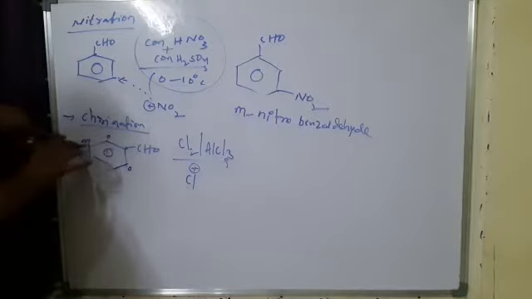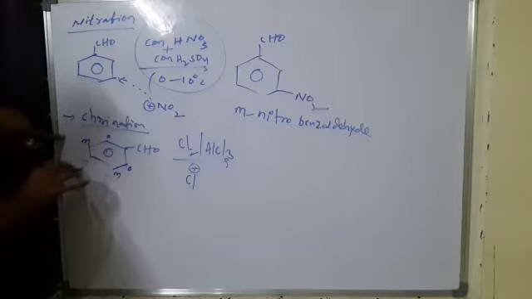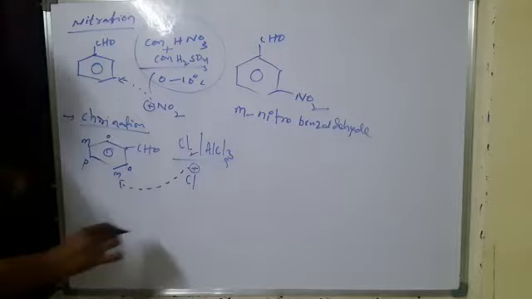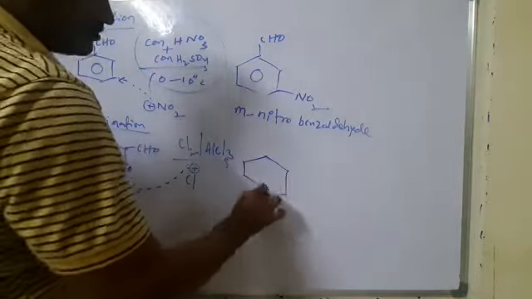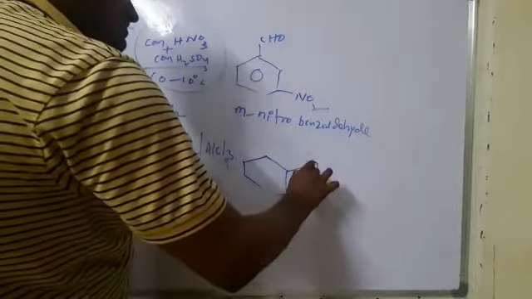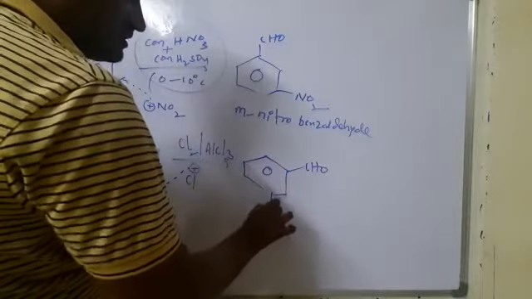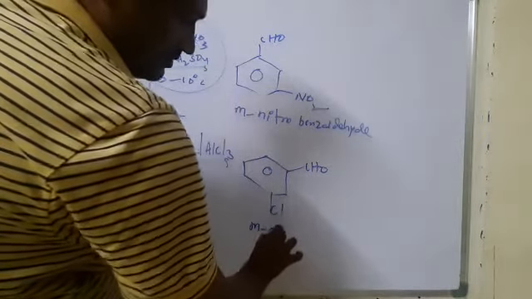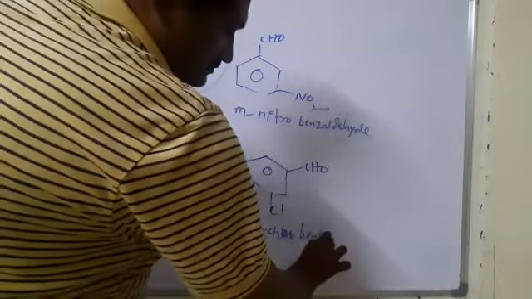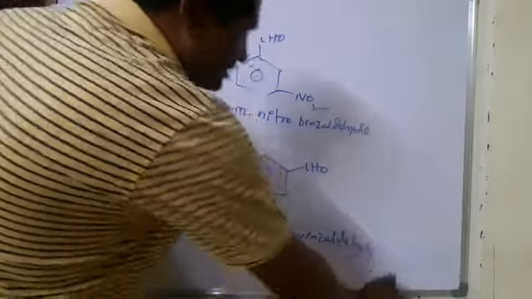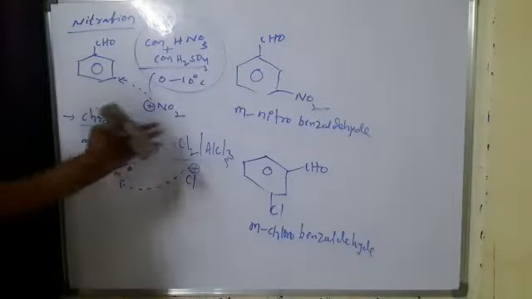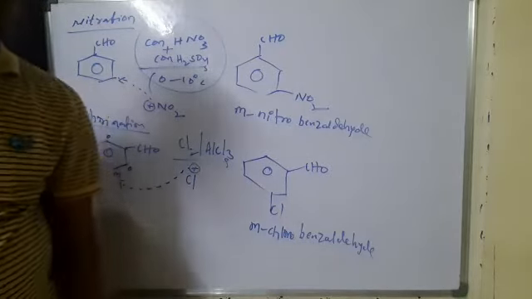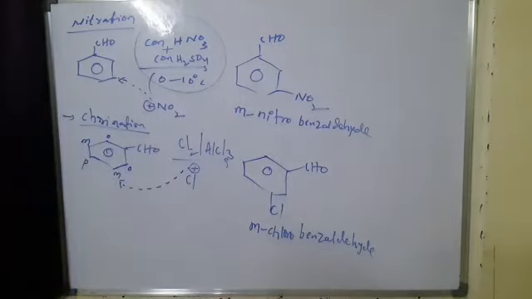This is meta directing, so it will attack the meta position. So I am writing CHO plus here chloro: meta-chlorobenzaldehyde. You can take any electrophilic substitution reaction; the electrophile will attack the meta position.